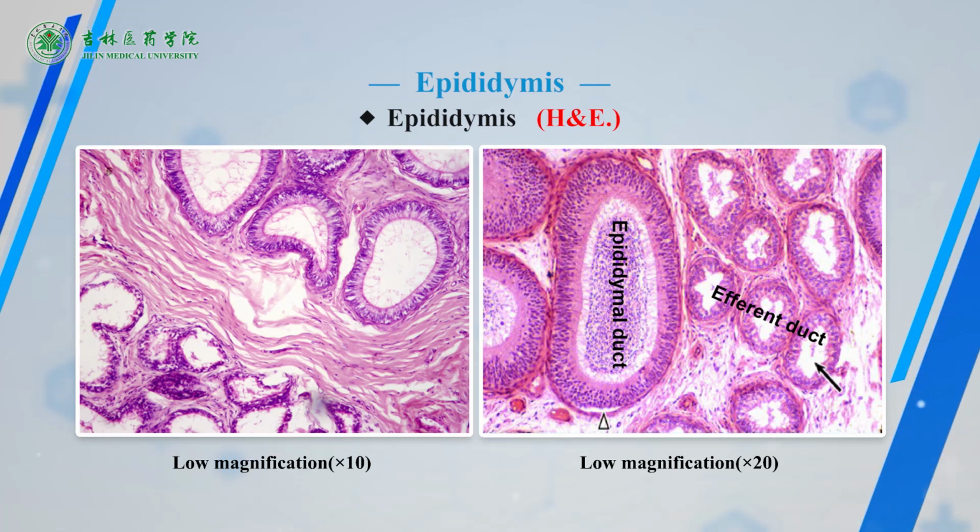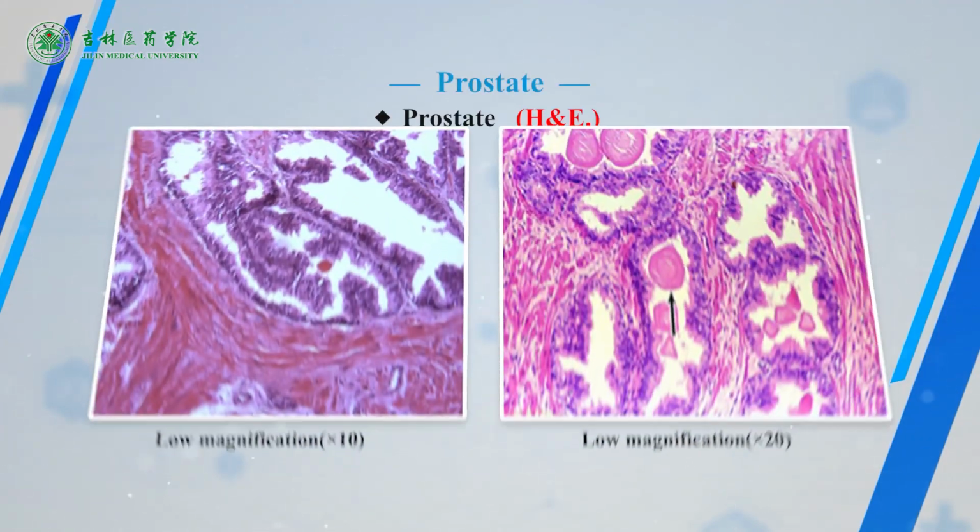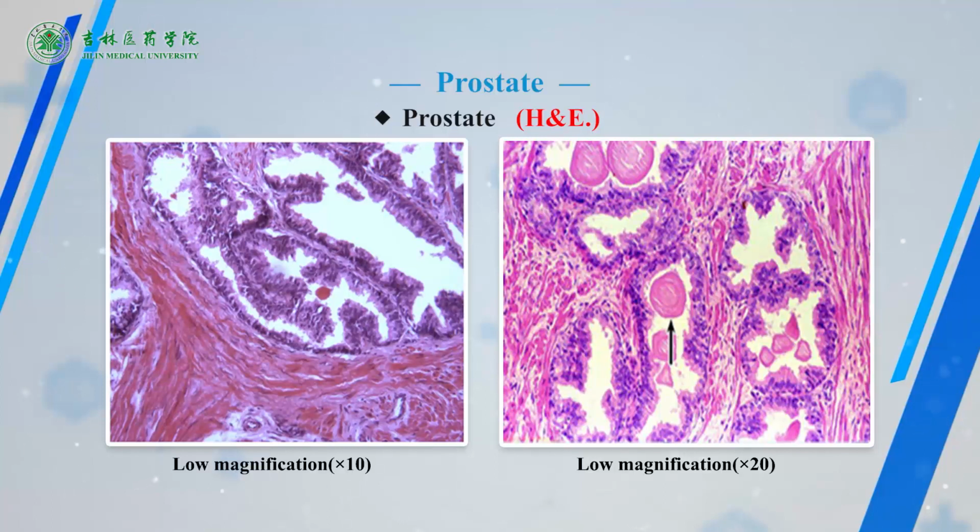Duct of the epididymis: the lumen of the duct is regular and even. The wall consists of pseudostratified ciliated columnar epithelium and outlying connective tissue, which contains a lot of circularly aligned smooth muscle.